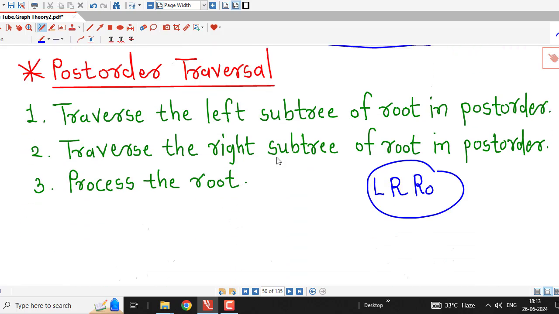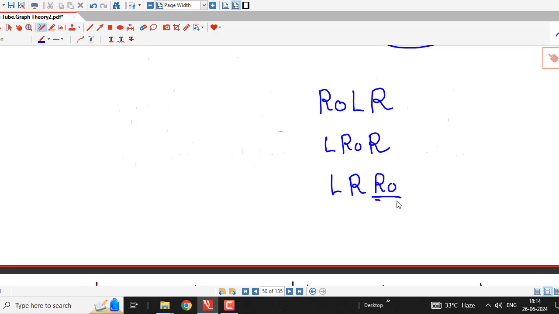post-order traversal. But we can remember it in this way: for pre-order traversal we are first processing the root, then the left subtree, and then the right subtree. For in-order traversal, the root is in between the left and right subtree, and for post-order traversal, the root is at the last. For pre, the root is at the first position.